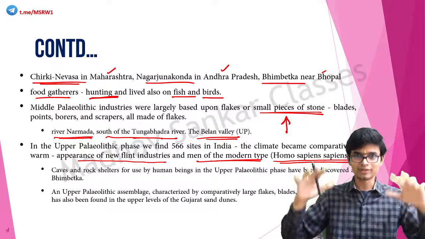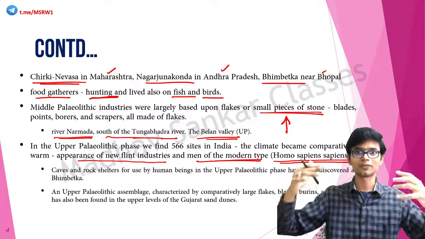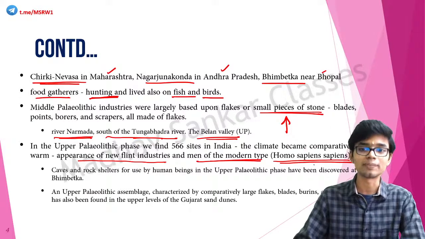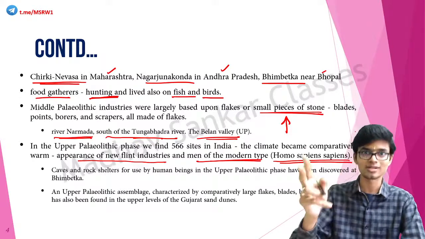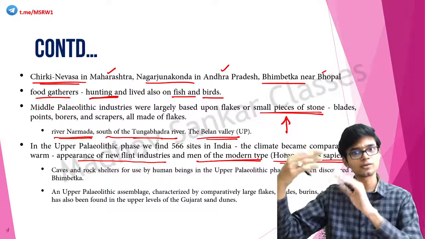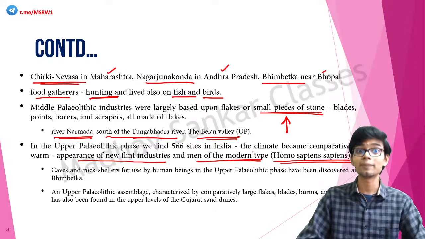The final evolution of human beings so far is the modern man, Homo sapiens sapiens. That happened in the Upper Paleolithic period.